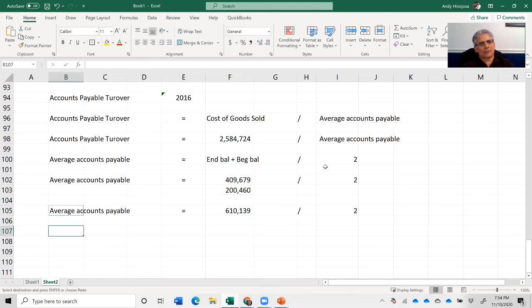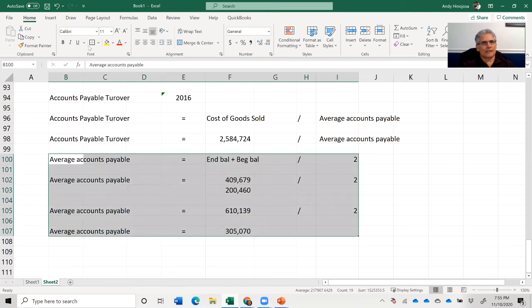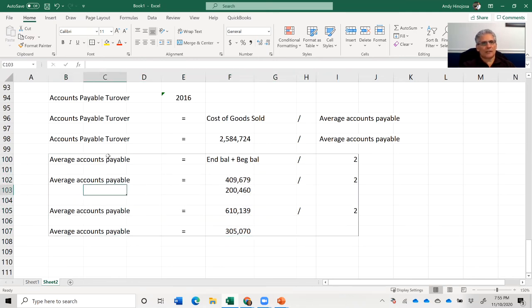So the average accounts payable is equal to 610,139 divided by 2, which gives us 305,070 rounded. Put this in borders here so we know this was an attempt to compute average accounts payable, which is what we need here.